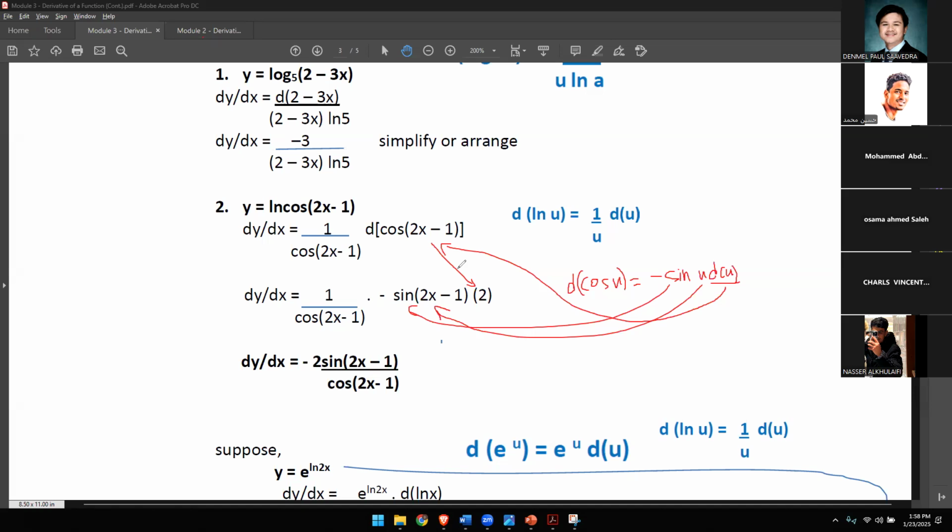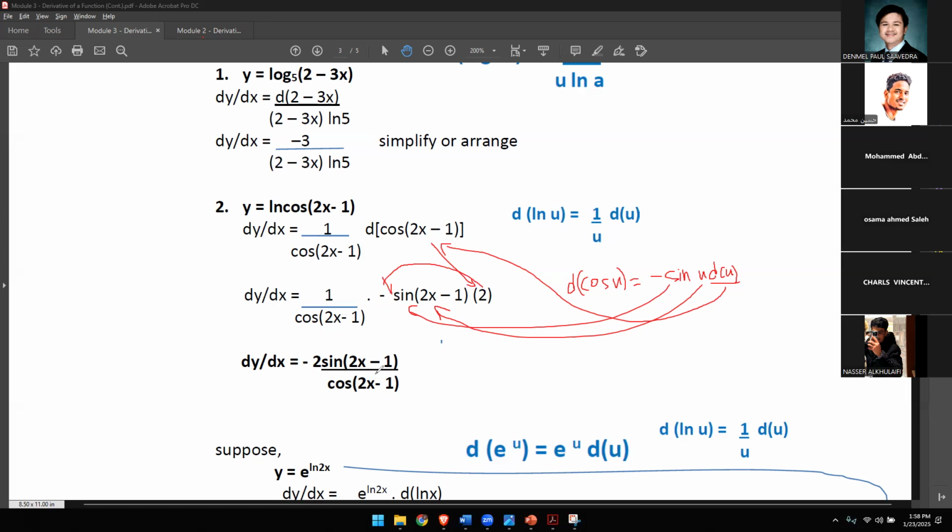So let me know if you have a question. Once you've got this part, you can rearrange it. You can place this one in front. So it's negative 2 sine 2x minus 1 over cosine 2x minus 1.